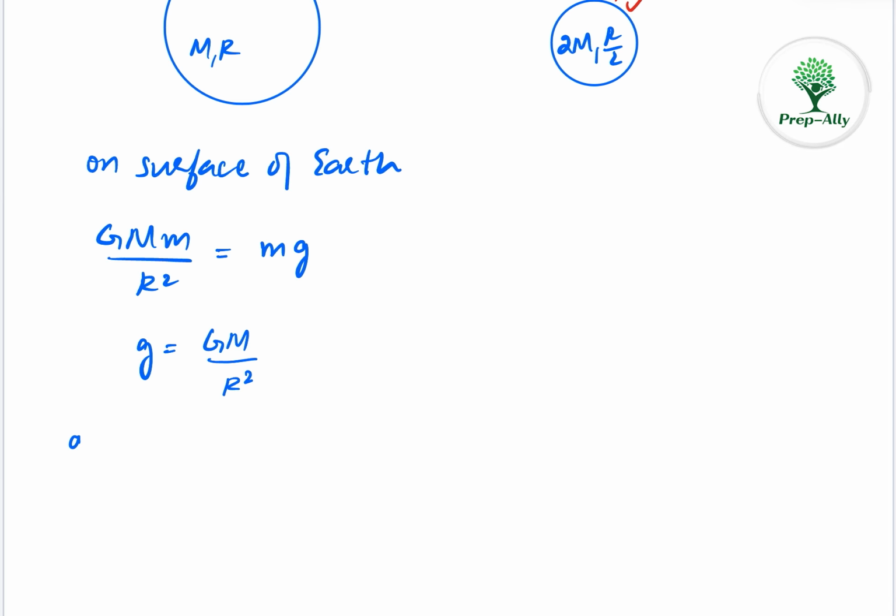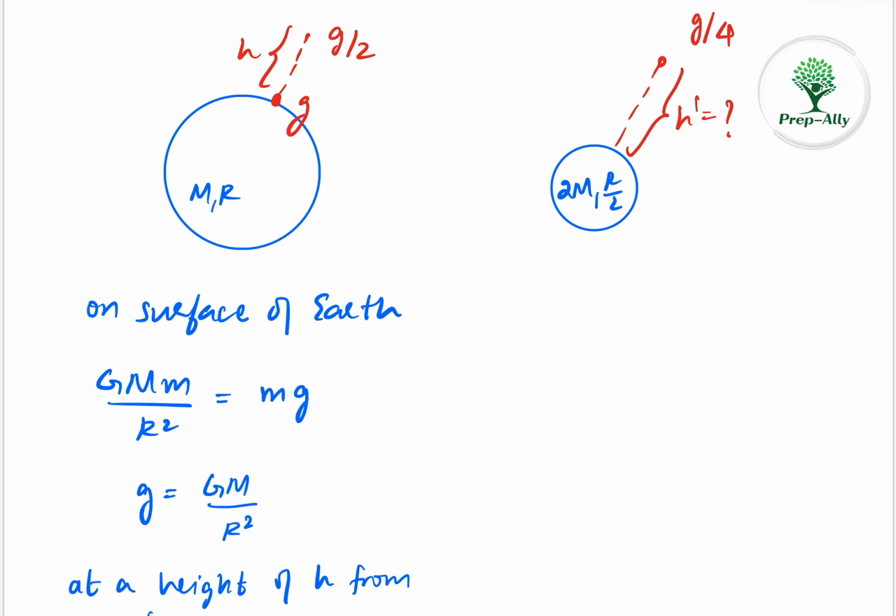Now, at a height of h from Earth's surface, what is the force of gravitational attraction? It is going to be GMm by r plus h whole square from Newton's gravitational law. See, the distance from this point to the center of the planet is r plus h.